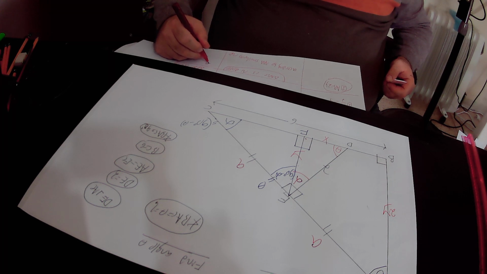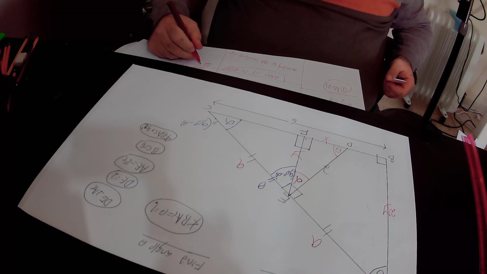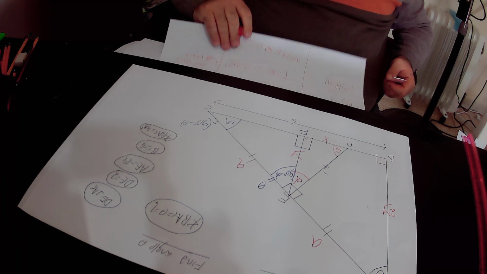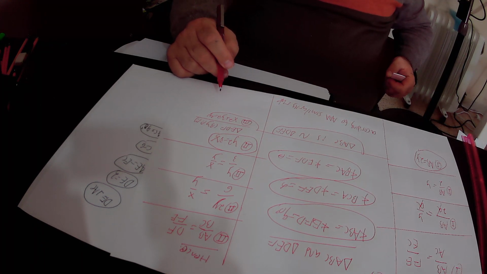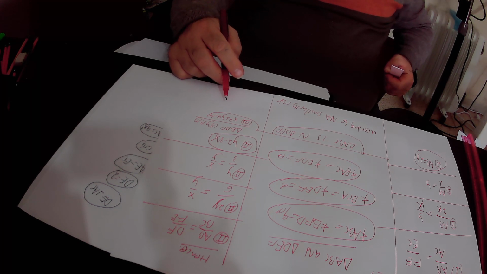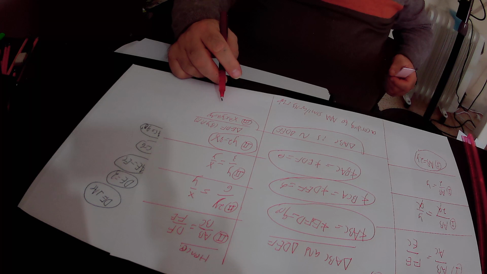Equation number 3 says that x squared plus y squared equals 2 squared, that is 4. Here, in the right triangle EDF, according to equation number 3 and by Pythagoras theorem, we get that x squared plus y squared equals 4.